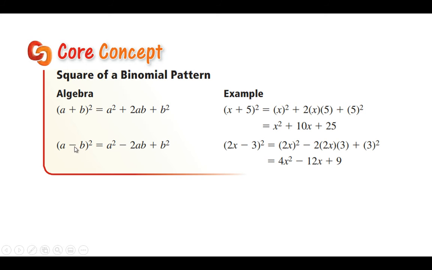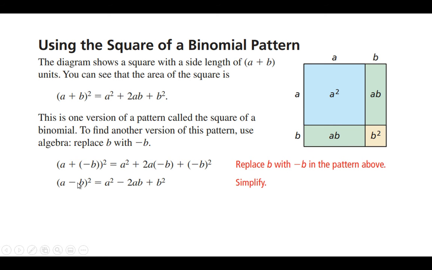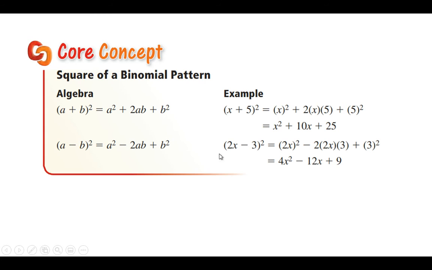Now, what happens if we have a subtraction sign? If we have A minus B, the only thing that changes is there's a negative sign for that 2AB term. This example provides two different examples in one. First, the A squared is 2 squared, which is 4, and x squared, so you get 4x squared by squaring the first term.